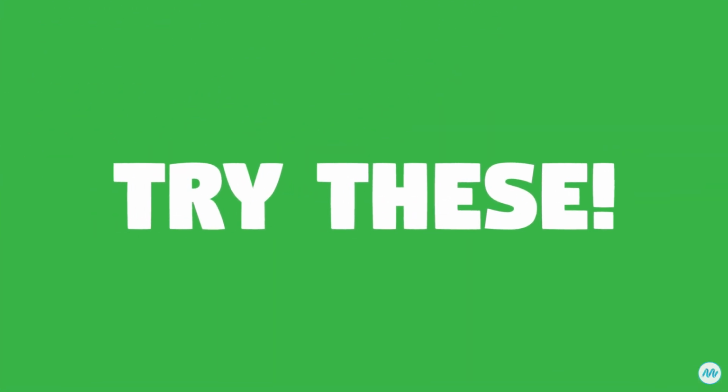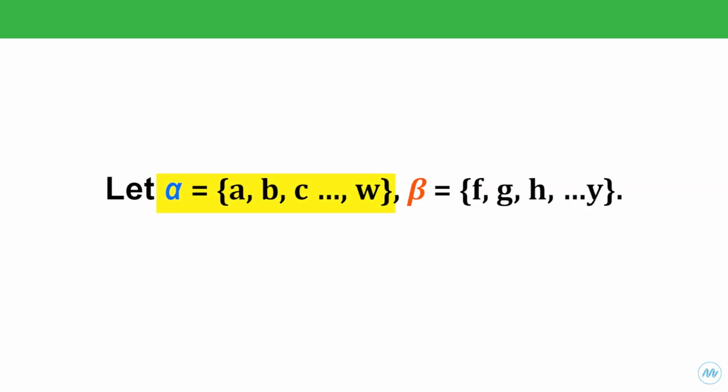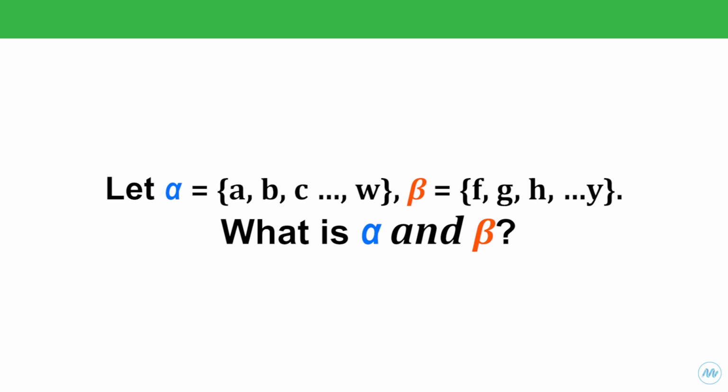Now, try this. Let alpha be a set whose elements are A, B, C, and so on until the letter W. Set beta is a set whose elements are the letters F, G, H, and so on until the letter Y. What is alpha and beta?